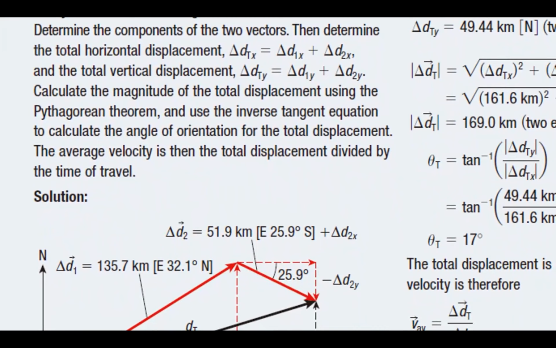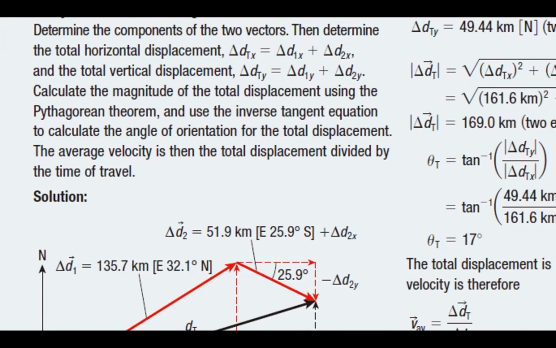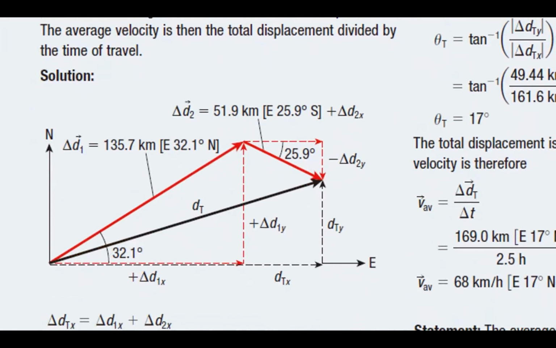And similarly, the total vertical displacement, delta dty, which is the sum of the two components, delta d1y plus delta d2y. Then calculate the magnitude of the total displacement using the Pythagorean theorem and use the inverse tangent equation to calculate the angle of the orientation for total displacement. The average velocity is then total displacement divided by the time interval.